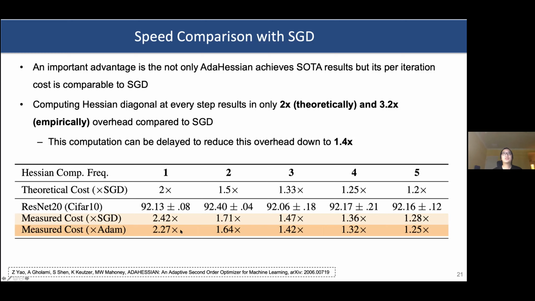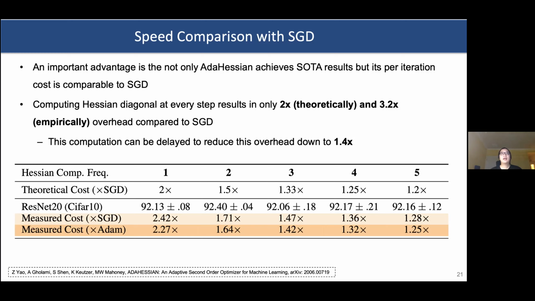Here we also show how you can reduce your computational cost. A very simple idea is that instead of computing the Hutchinson diagonal every step, you can compute it every 2 steps or every 3 steps. Every 2 steps basically means that for 2 consecutive iterations, you only compute the diagonal for one of them. The same for 3 steps, and so on up to 5 steps.